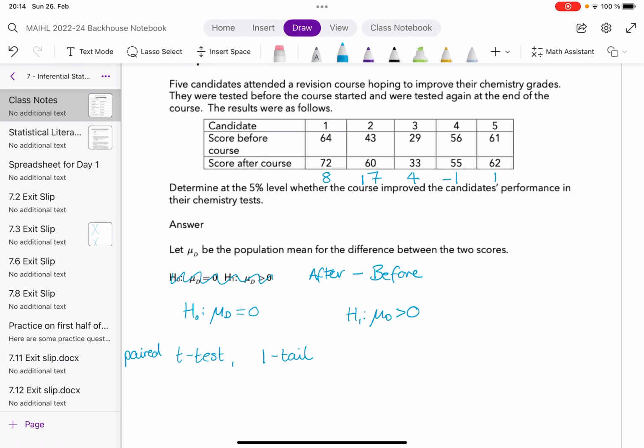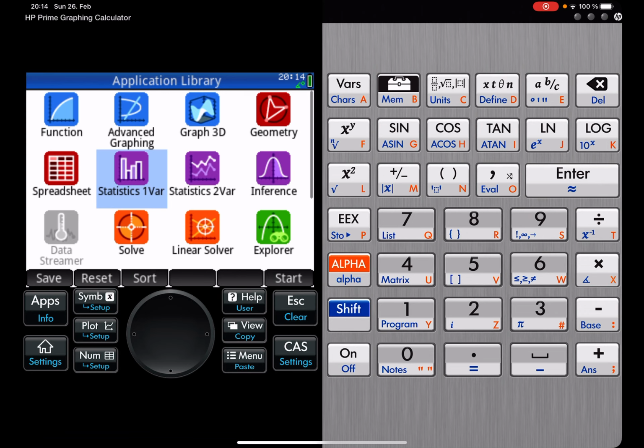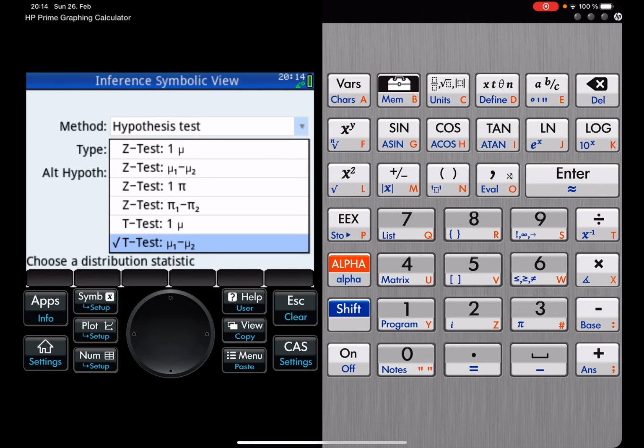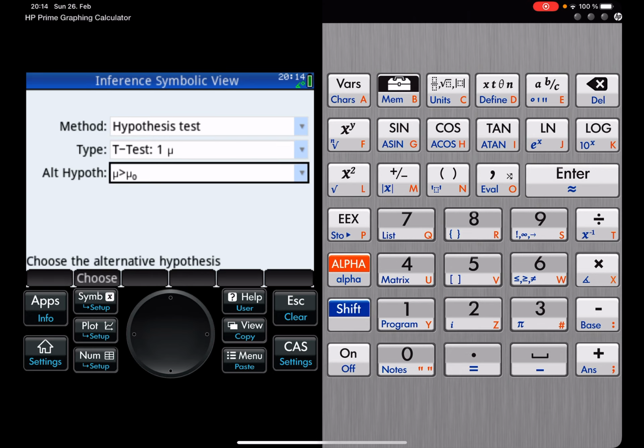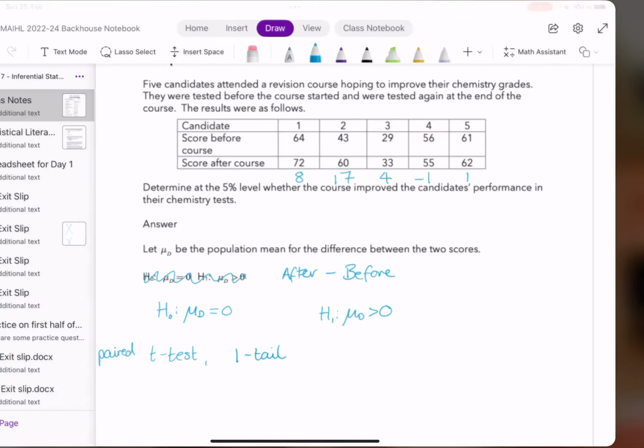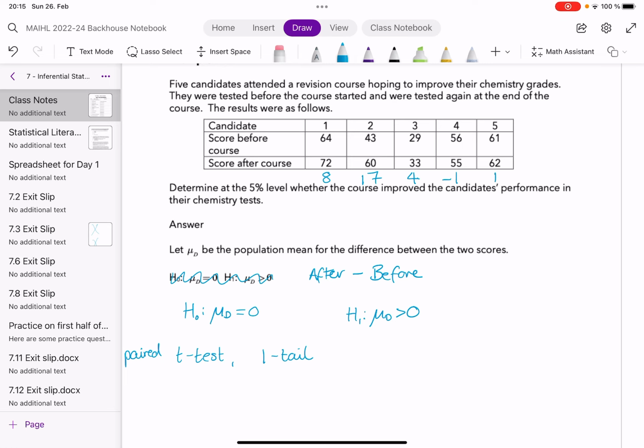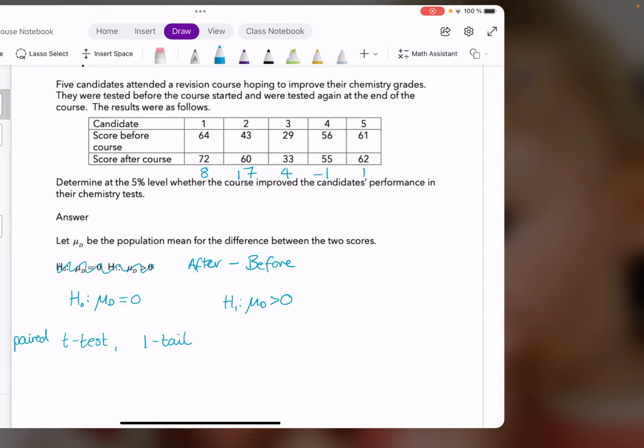So I'm going to do a t-test on this. For the purposes of what we're doing, I have one set of data now. So when I go to my inference app, I'm going to go to a one sample t-test. My alternative hypothesis is that it is greater than 0, that there has been an improvement. And of course, my null hypothesis for this will always be that it's equal to 0, that there isn't a difference.